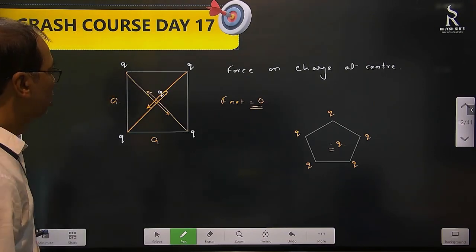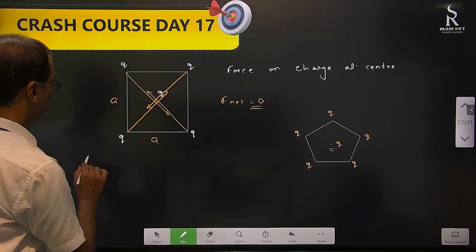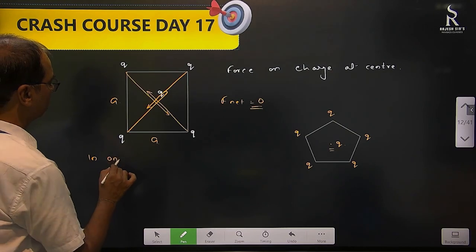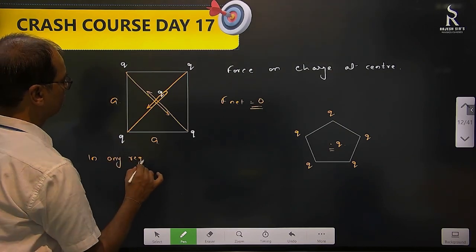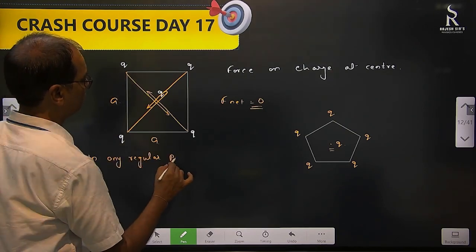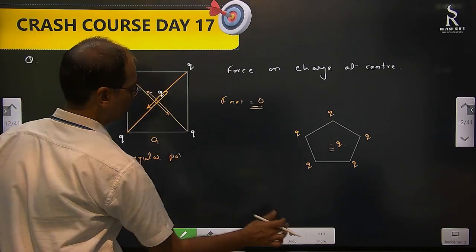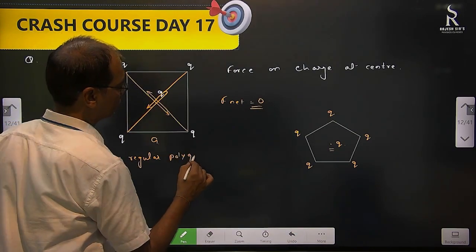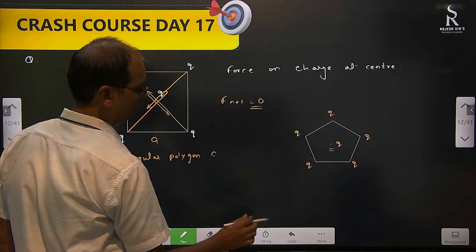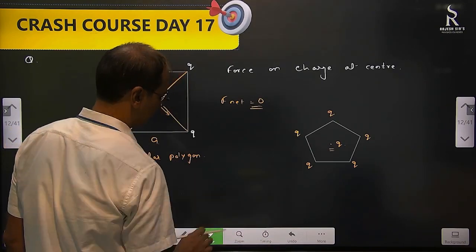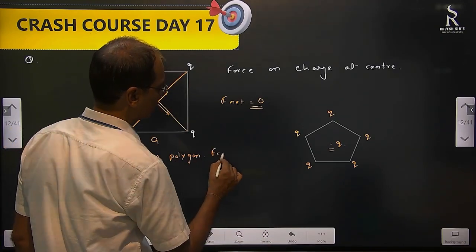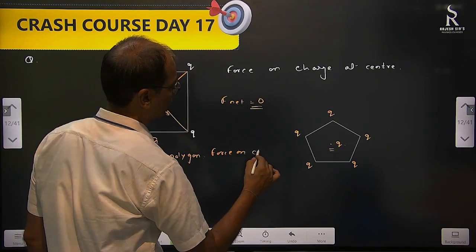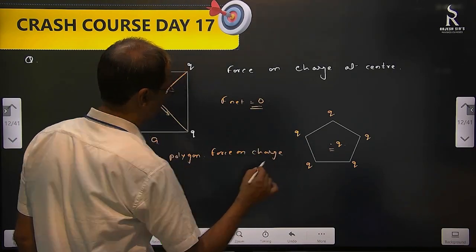Right? Fine. So in any regular polygon, force on charge at center is 0.